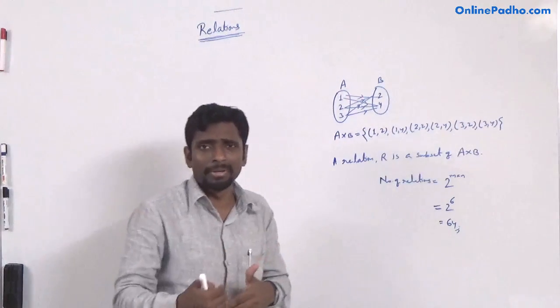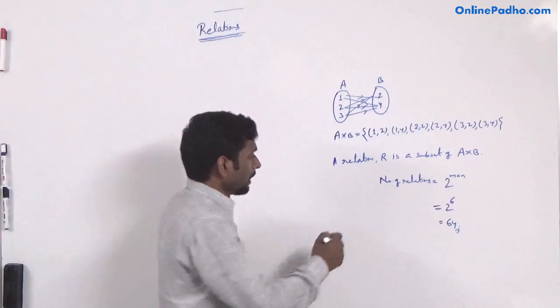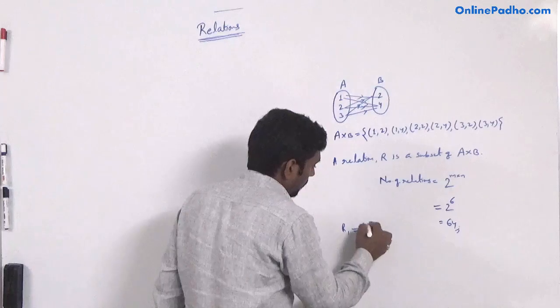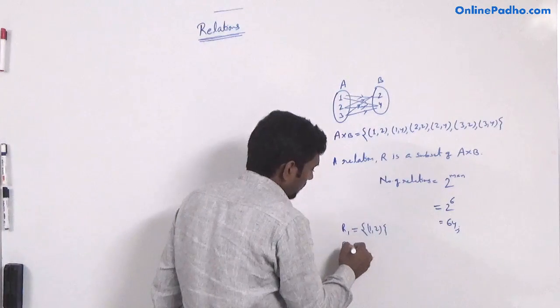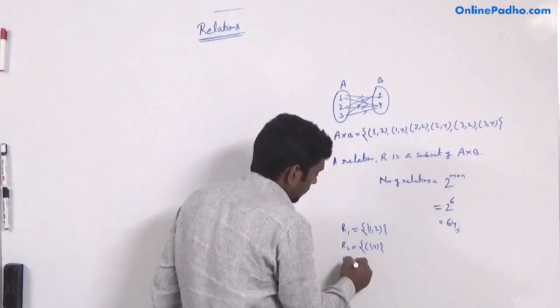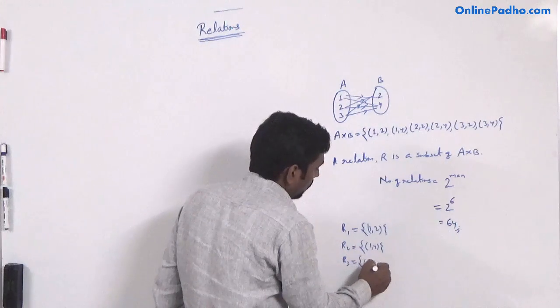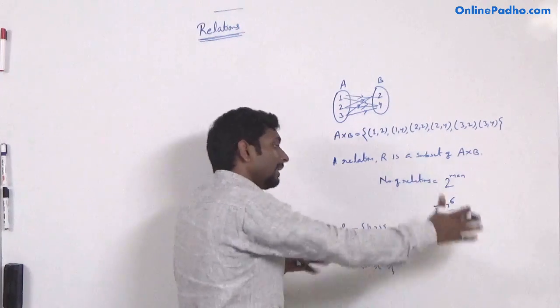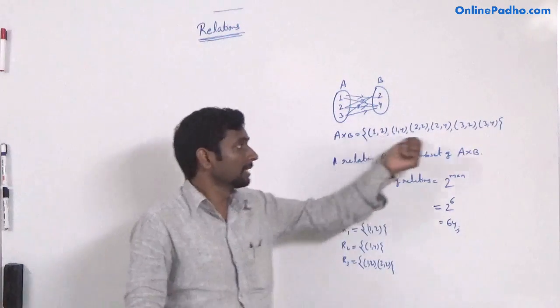A relation can be written as a set, for example {(1,2)}. This is a relation. You can write many relations. You can write a relation (1,2). You can write another relation (1,4). We can write another relation with two elements (1,2) as well as (2,2). We can write 64 relations from this Cartesian product.